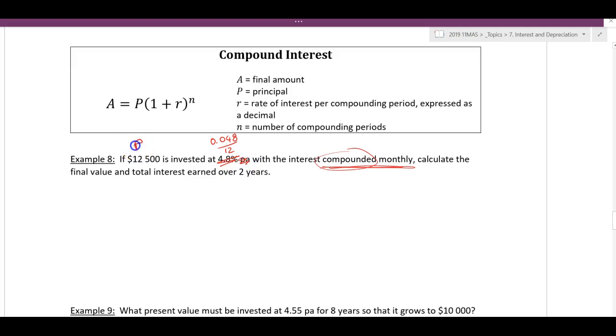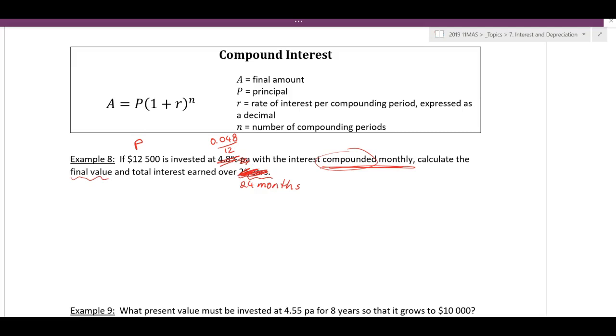Now that's my principal, that's good. Calculate the final value, that's good. And total interest, we'll have to get to that as the second part, over 2 years. Now 2 years, monthly, means that that's 24 months. If we use 4.8% and 2 years, we'll get a different answer, a slightly smaller answer.